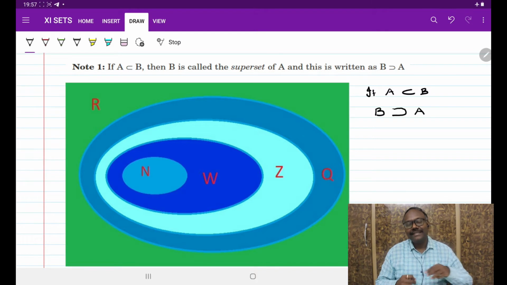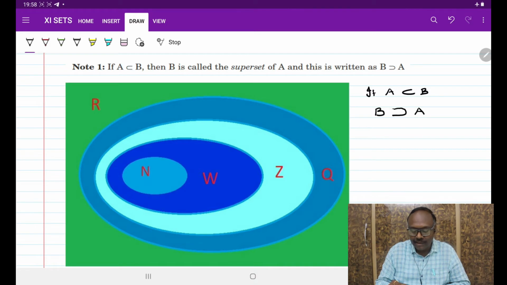Well, now let us see the different subsets which we have already seen in the different types of numbers. If you see the different numbers, all the natural numbers are in the whole number set. Therefore, we can say the natural number set is a subset of the whole number set. And if you could see, the complete whole numbers are in the collection of integers.